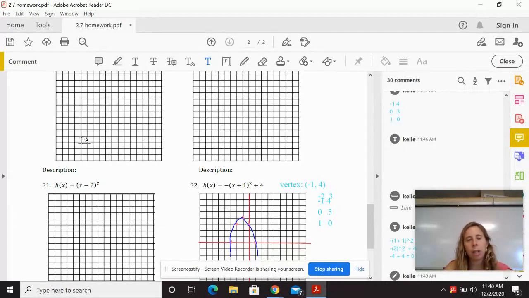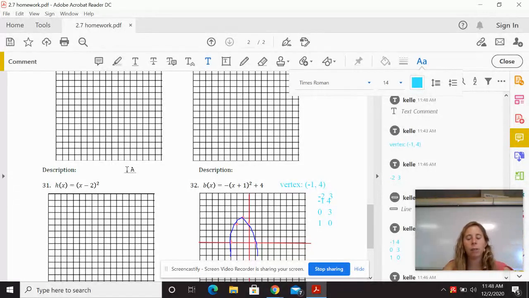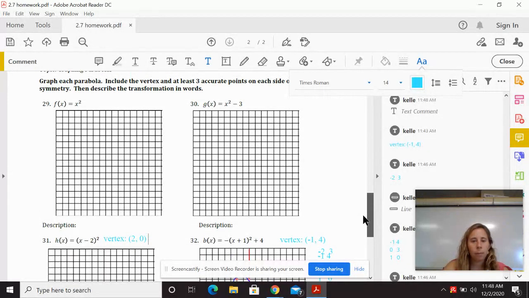Your x values are just going to move to the right 2. So like the vertex, instead of being 0, 0 like it is for your normal one, it's going to be 2, 0. All of your points are just going to shift 2 to the right. Your y values will stay the same.